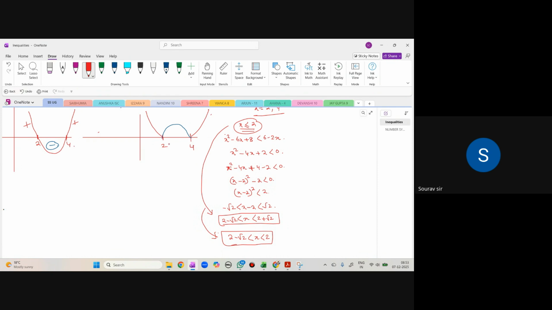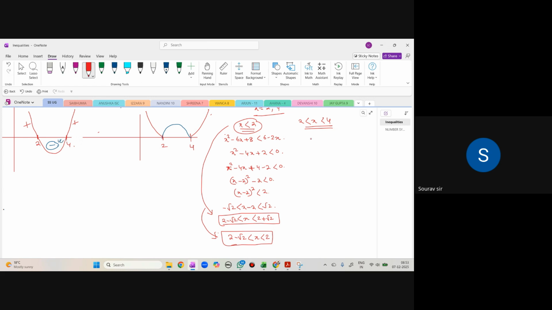What is the next region? Between 2 and 4. Okay, let me write it here. Here we don't have the equality, so let me put that as inequality itself. So 2 less than x less than 4. In this region, the expression x square minus 6x is negative here.